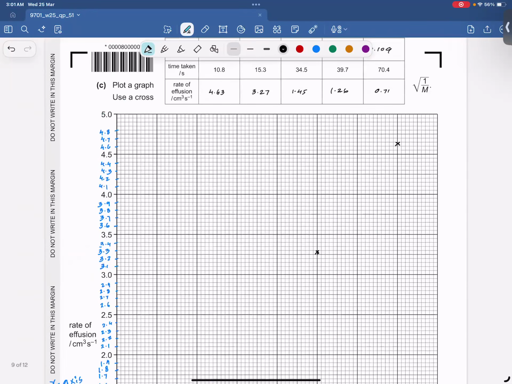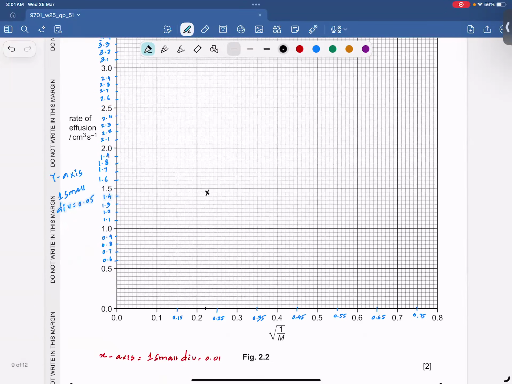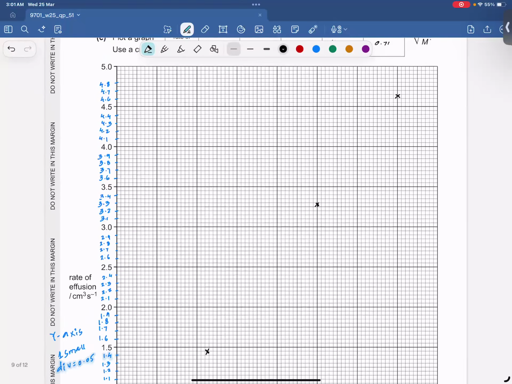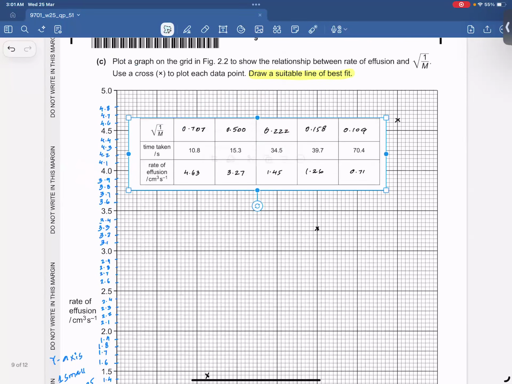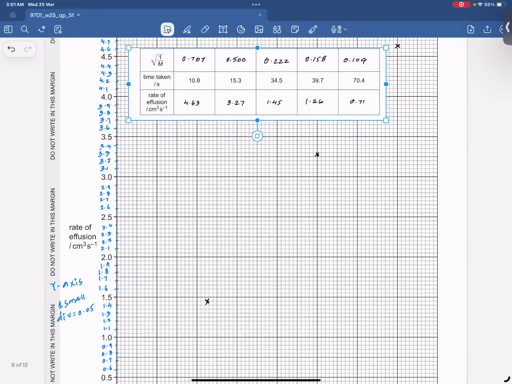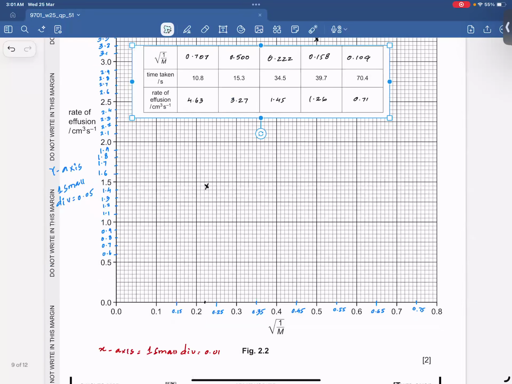1.26, 0.158. 0.158 is basically 0.15 plus 0.01. And we have how much? 1.26.